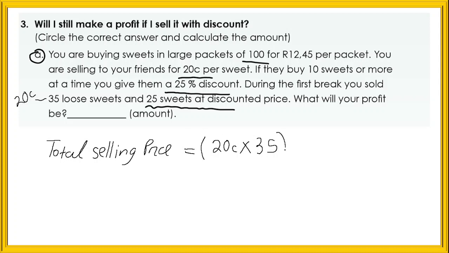Plus the discounted price. So it's going to be, remember we're selling each at 15 cents times 25 sweets. Take out your calculators and calculate that for me.